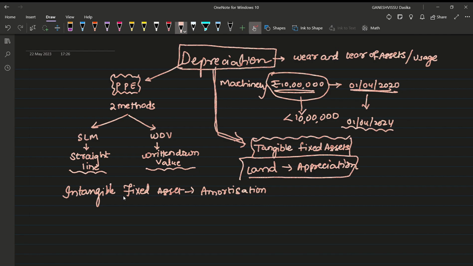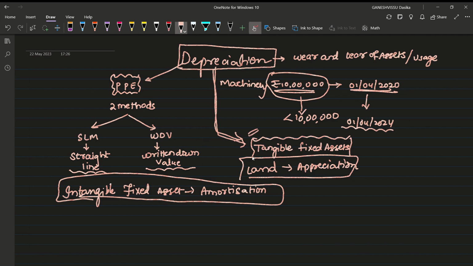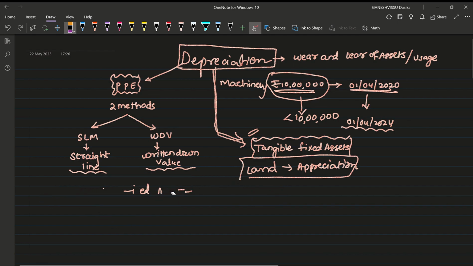So this is also a depreciation, but the depreciation which is applied on intangible fixed assets is known as amortization. In case of tangible fixed assets it is depreciation. And in case of land the value is not decreasing, it is increasing, so appreciation. So this is the simple introduction.